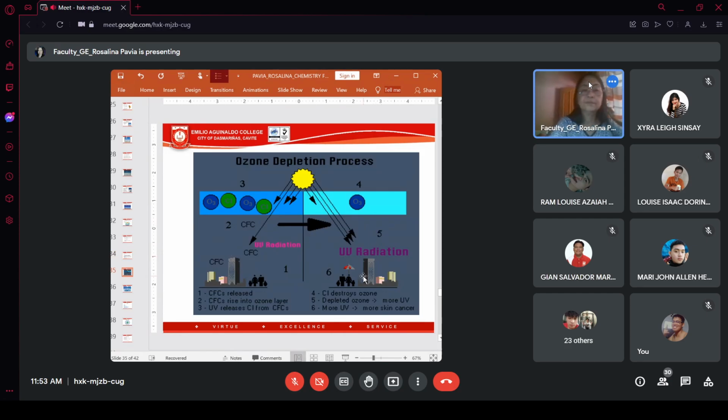Ganito siya. Okay, ito yung sun, no? Ito naman si ozone layer na nasa stratosphere. Okay? Ngayon, sa surface ng Earth, madami tayong CFCs, chlorofluorocarbons, galing sa ating mga refrigeration systems, sa ating mga air conditioning units, di ba? Ang dami ng aircons ngayon, almost all households.